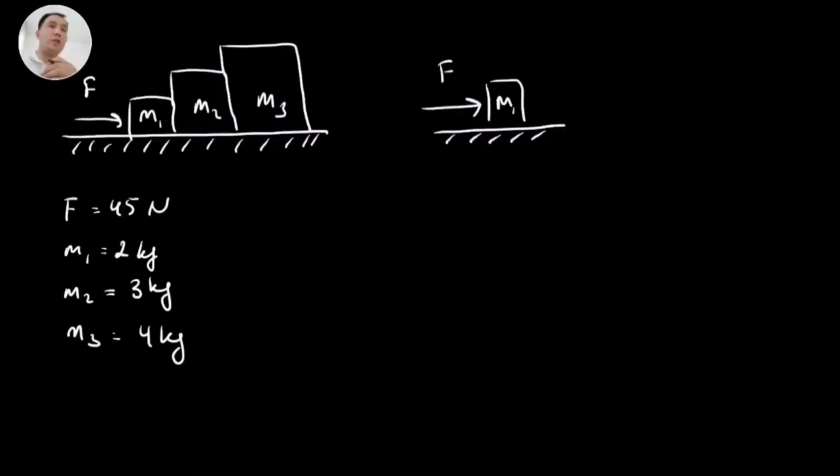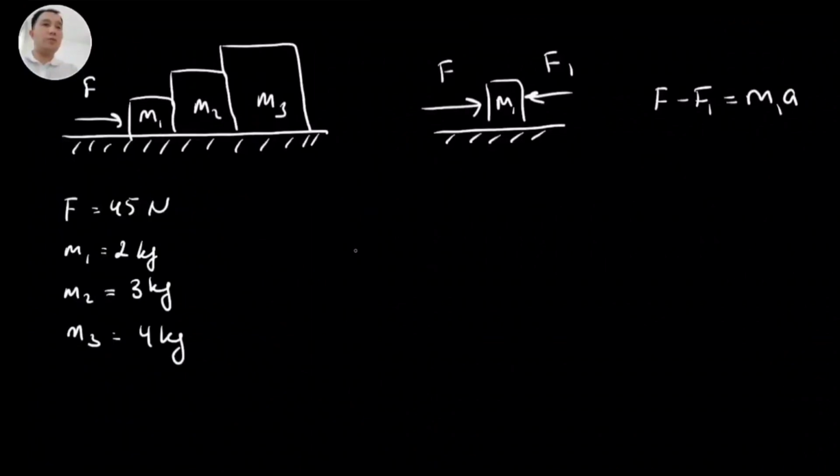This contact force is trying to stop the first object, like friction, like resistance. So we draw it in this direction, F1, this is the contact force between M1 and M2. There are no other forces in the horizontal direction. Now we can write Newton's second law for this object: the resultant force, F minus F1, equals M1A.